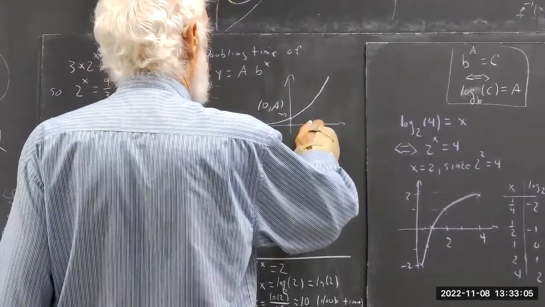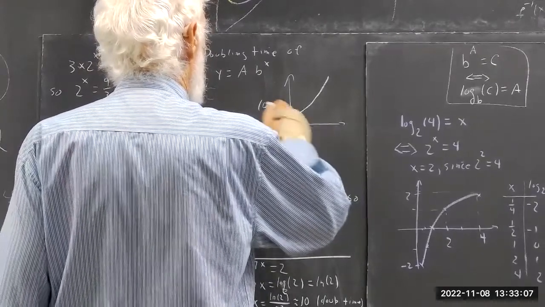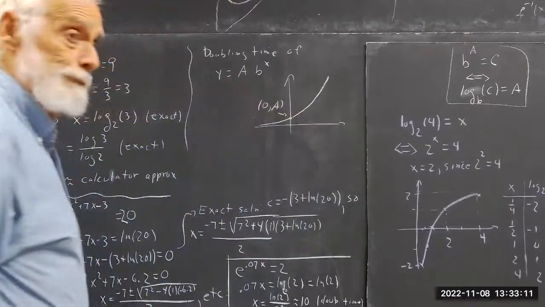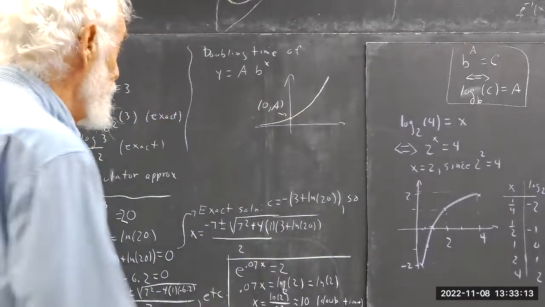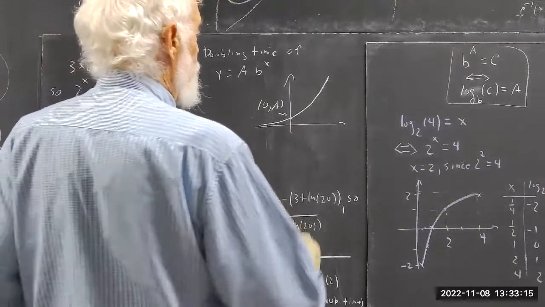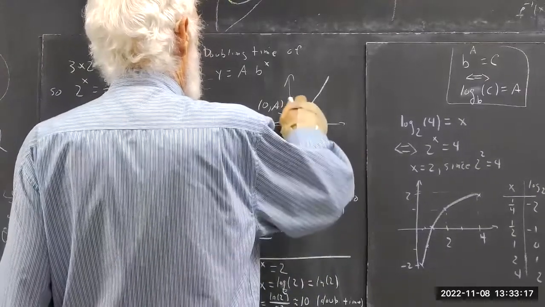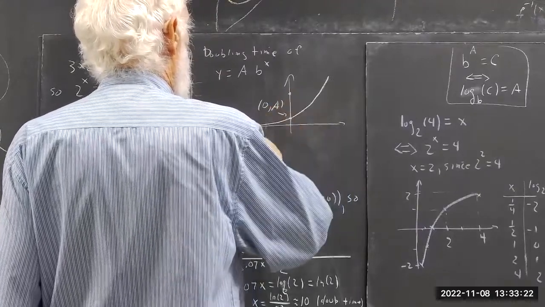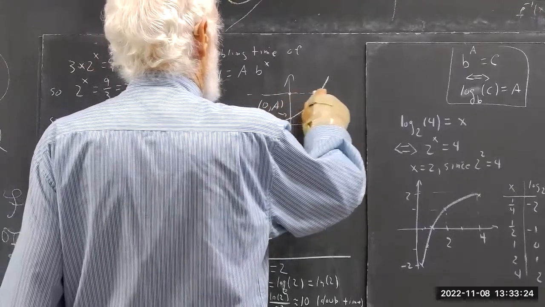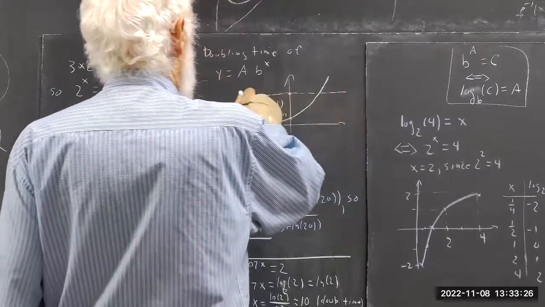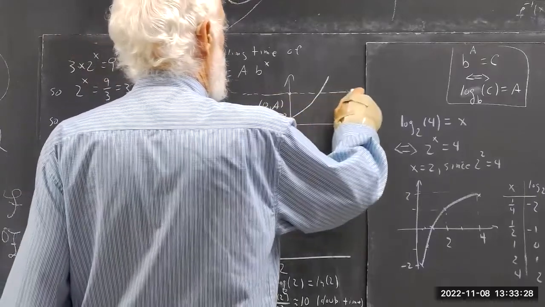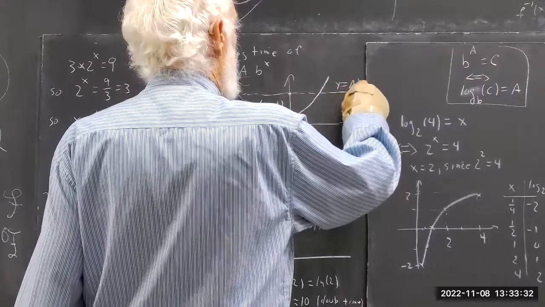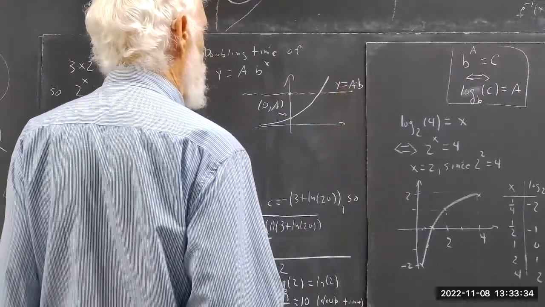But x equals 1, y equals a times b. So here's the line y equals a times b.